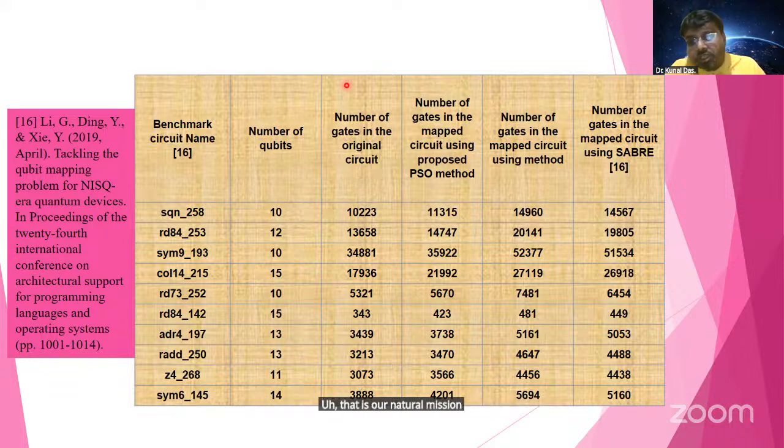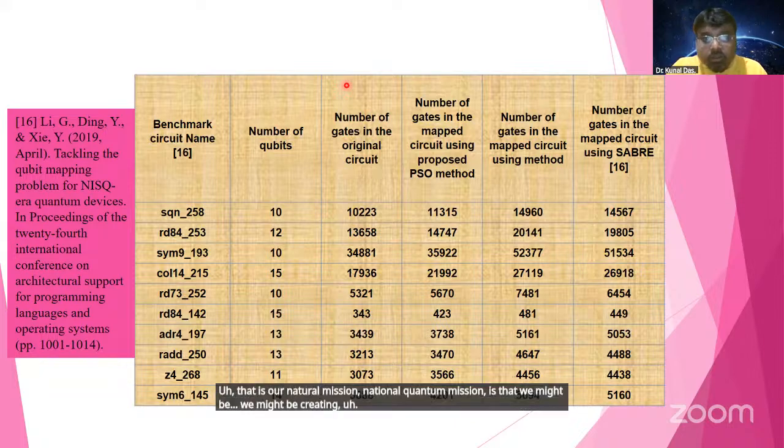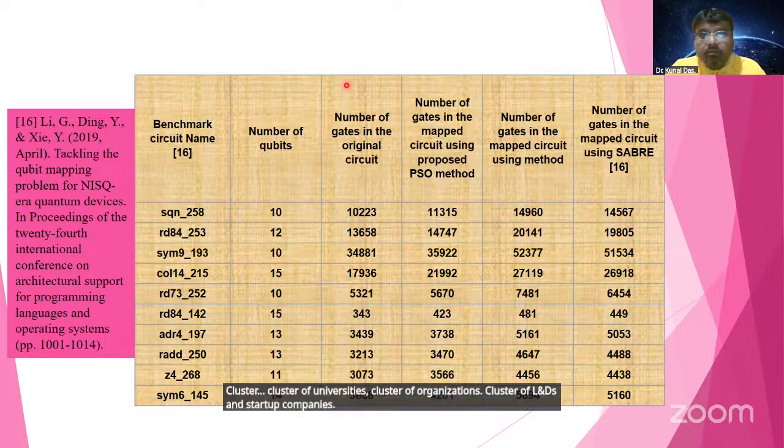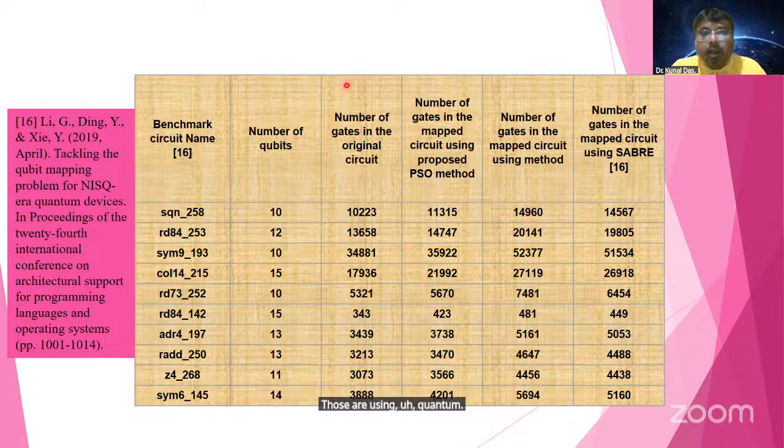The National Quantum Mission is creating a cluster of universities, organizations, R&Ds, and startup companies that use quantum as their research, so they can come together and develop new ideas.